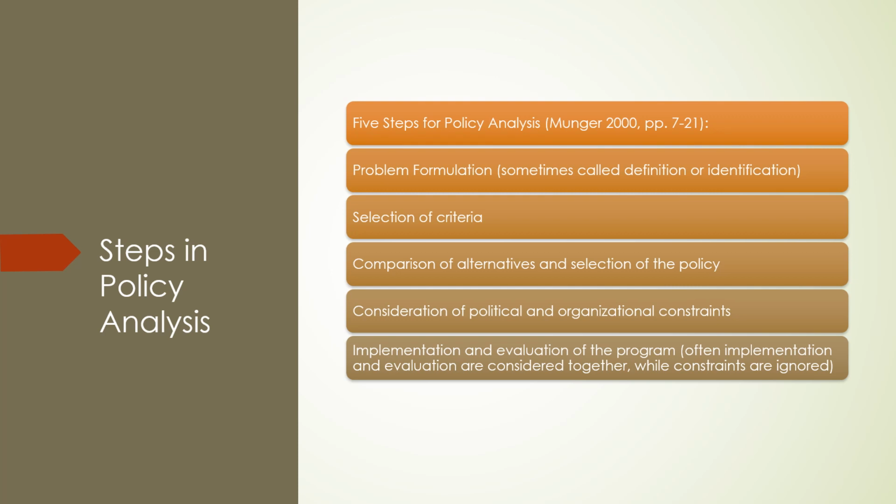You're going to see that there's a broad similarity between what Munger says here and what we talked about in the elements of a good policy paper. After all, a good policy paper is telling the world what we did when we conducted good policy analysis.